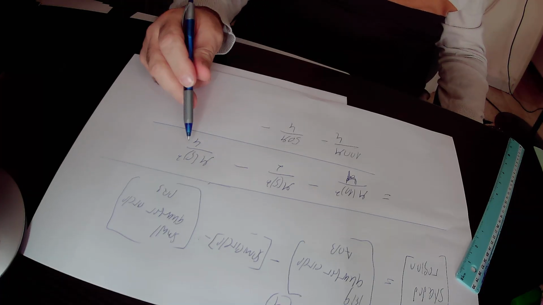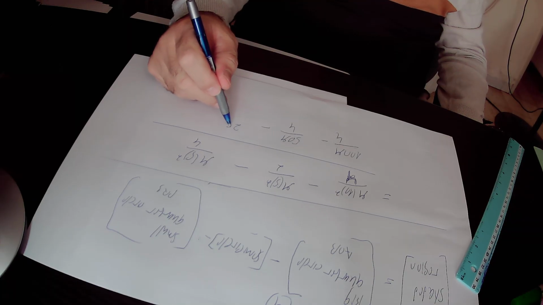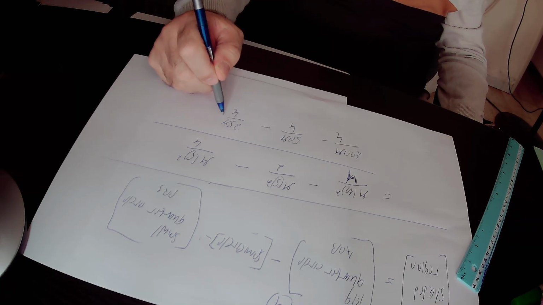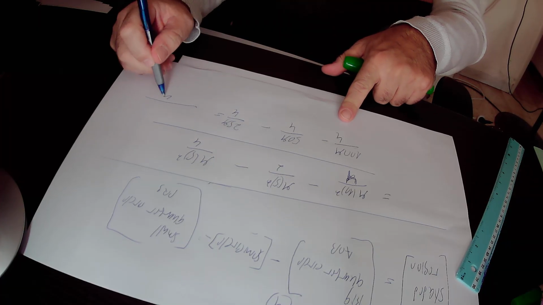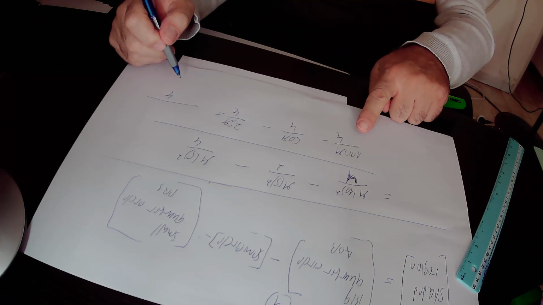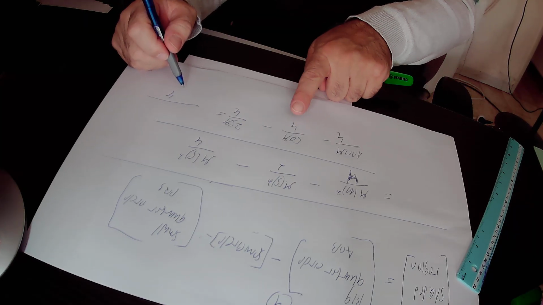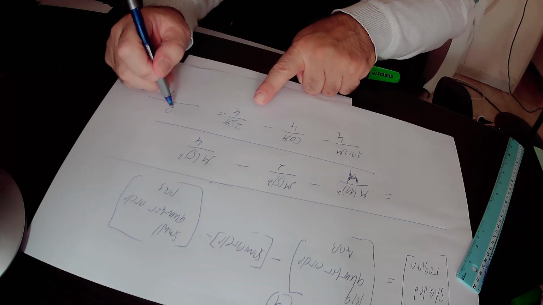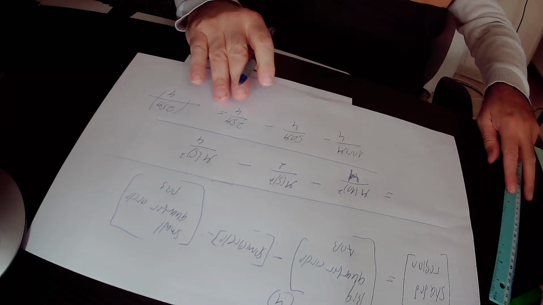We have here in the numerator 25 pi over 4. So we take 4 as a common denominator. In the numerator we have 100 pi minus 50 pi is 50 pi, and 50 pi minus 25 pi is 25 pi.